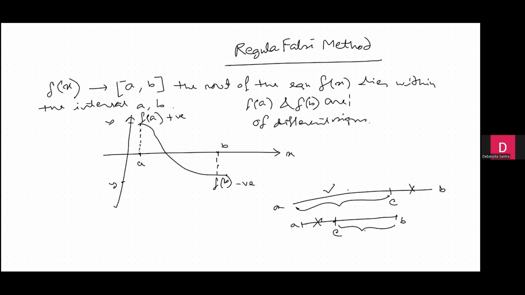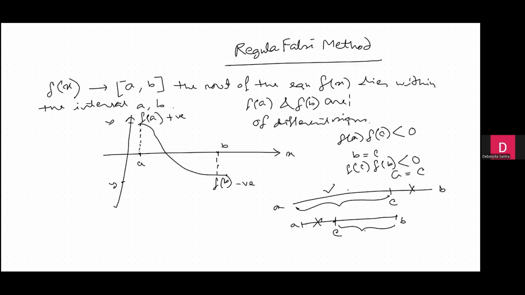When f of A into f of C is less than 0, that is, both are of different signs, then we update B as C. And when f of C into f of B is less than 0, then we choose A is equal to C. So each and every time we have to update A and B.